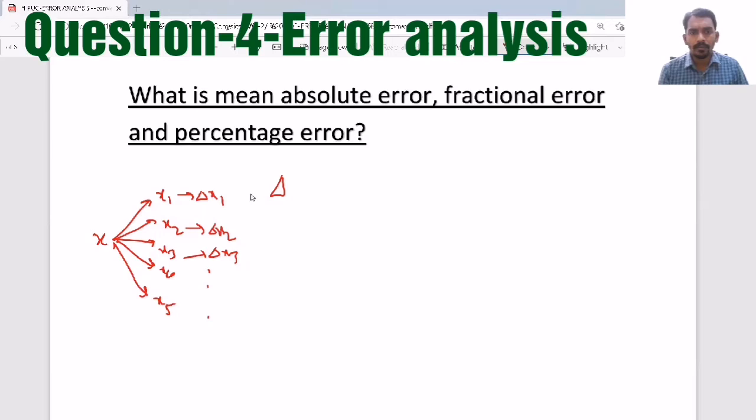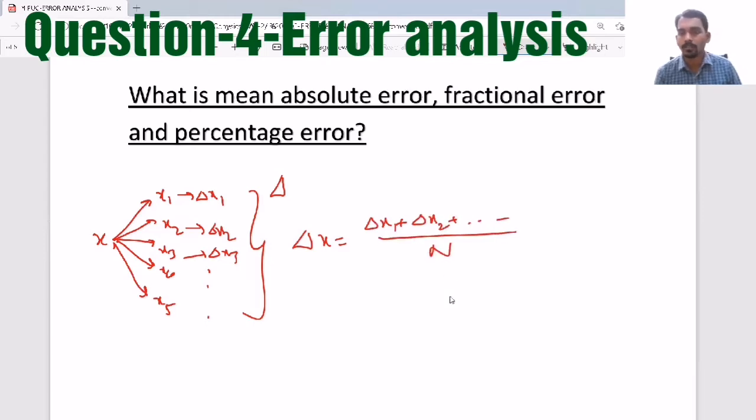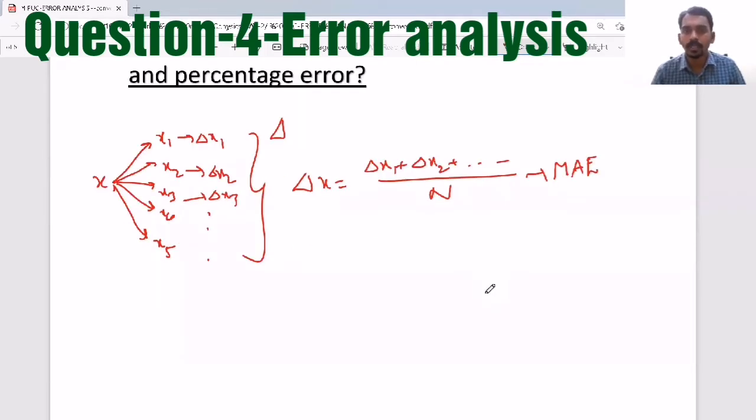The average of all of them, that is delta x equal to delta x1 plus delta x2 plus so on, divided by n. 5 readings means 5, n readings means n. This is called mean absolute error. So mean absolute error means the average of the error in each reading.